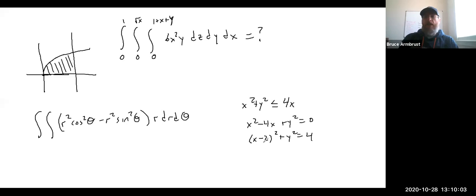So it's got a center at (2, 0) with a radius of 2. So that would be this circle right here. For this inequality, we're looking for the points that satisfy it, and you can see that the center of the circle, for example (2, 0), satisfies it.